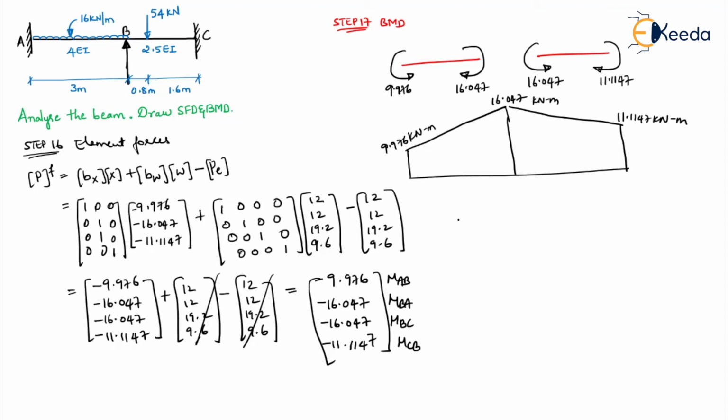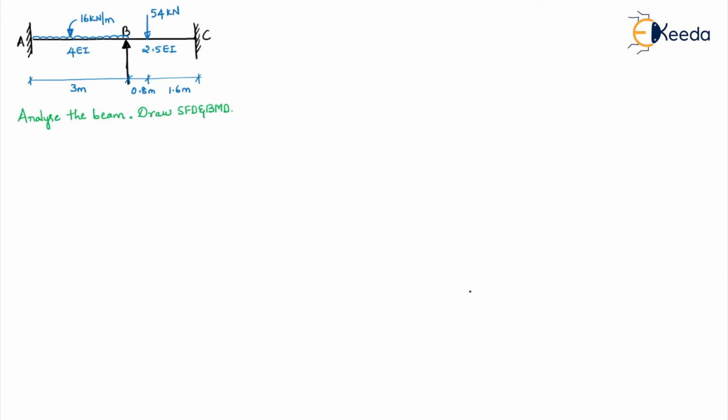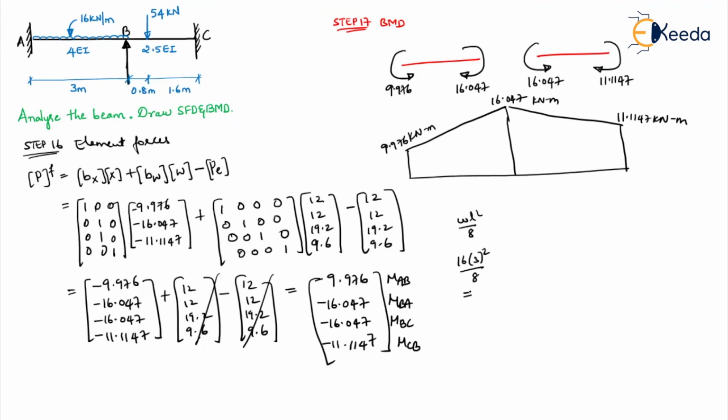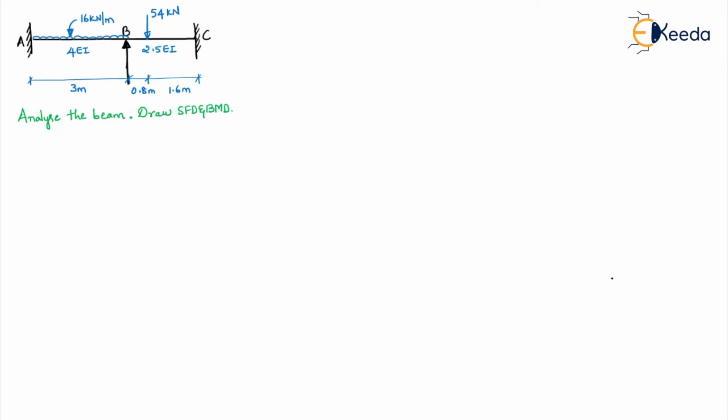Now because of loading, here it is WL square by 8, that's 16 into 3 square by 8. How much will it come up to? That's your 18 kilonewton meter. Here it is WAB by L. So 54 into 0.8 into 1.6 by 2.4.